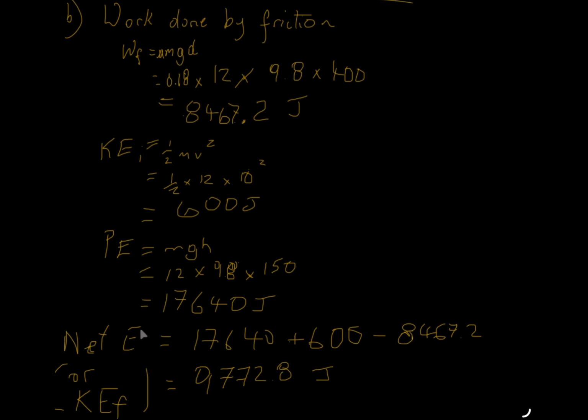So then the net energy here, or what you would call the final kinetic energy, will be the sum of the potential energy converted to kinetic energy, 17,640, plus the initial kinetic energy, which is 600, minus the work done by friction, or the energy taken away by friction, if you want to call it that, which is 8,467.2.